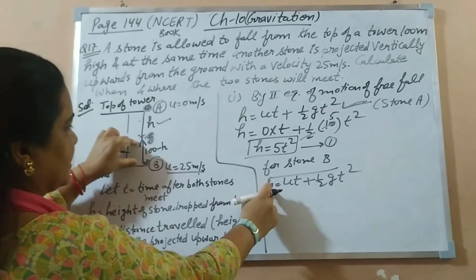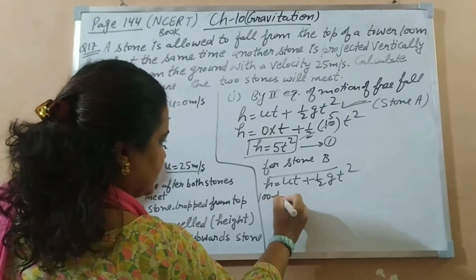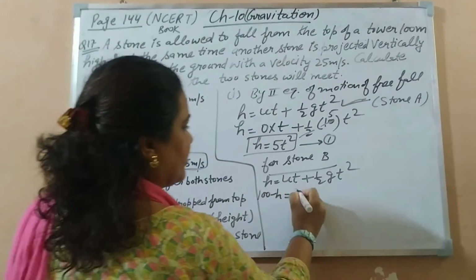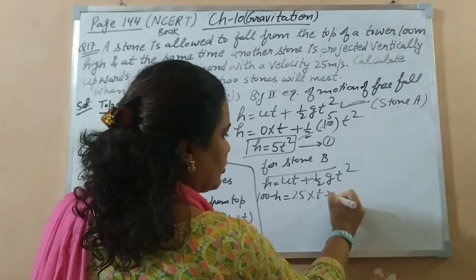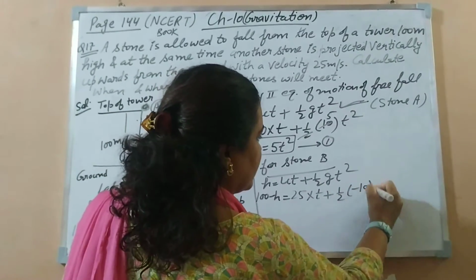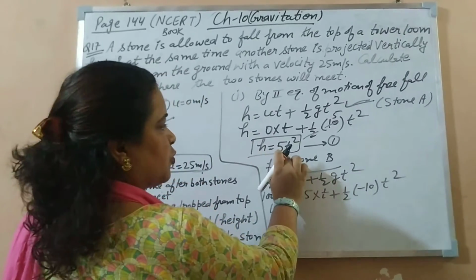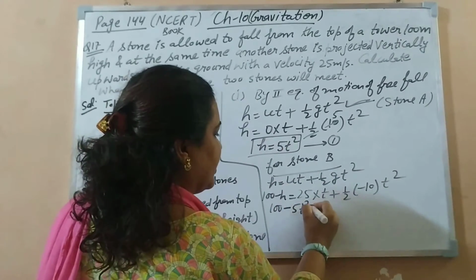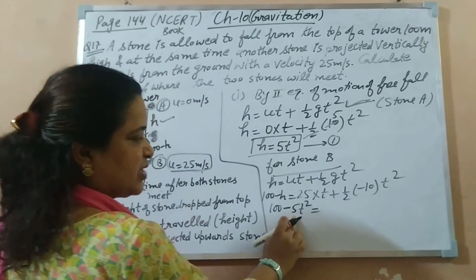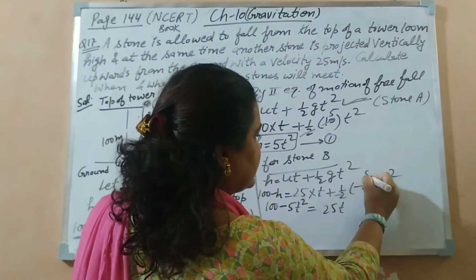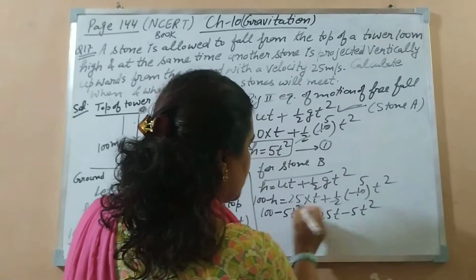The height of the second stone is 100 minus h. Its initial velocity is 25. The time we have to calculate, plus half. Throwing upward, so minus 10 into t². So 100 minus h, and put the h value 5t² from the first equation, equals 25t minus 5t². Solve it.